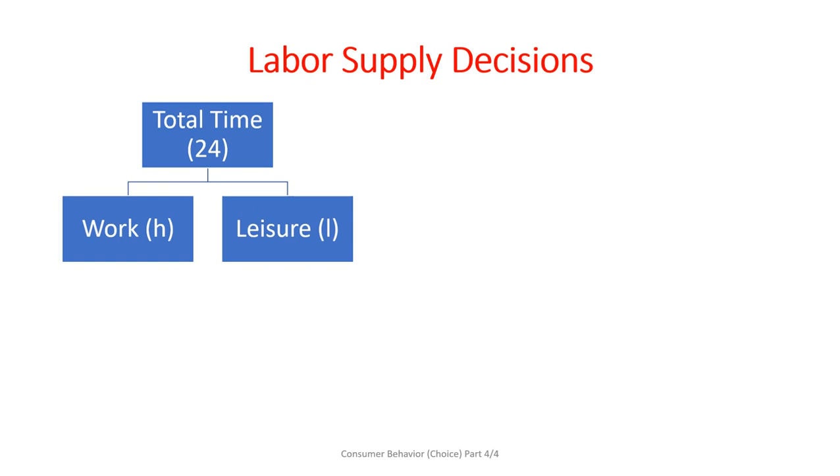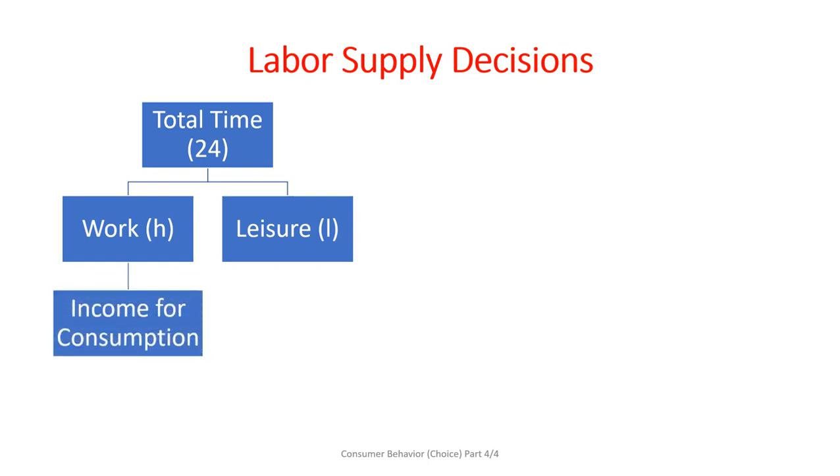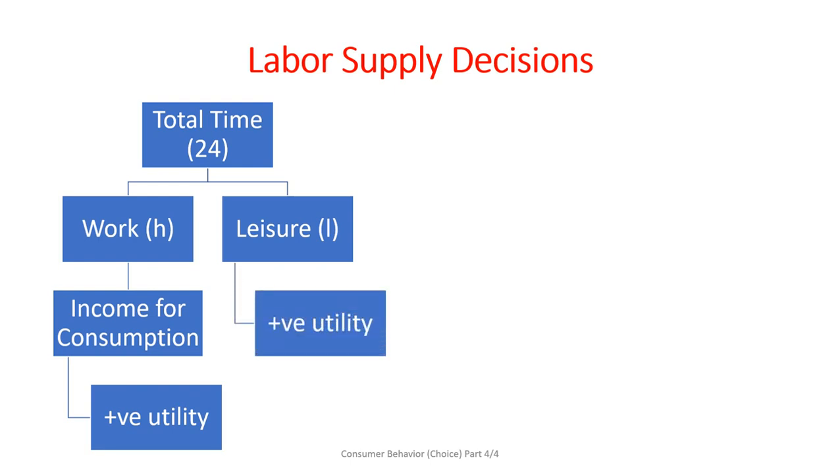A person may not like to work and might want to enjoy leisure the whole 24 hours, but work gives the person income which is used for consumption, and consumption gives him positive utility. Leisure also provides a person with positive utility.